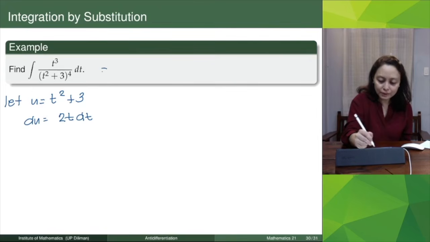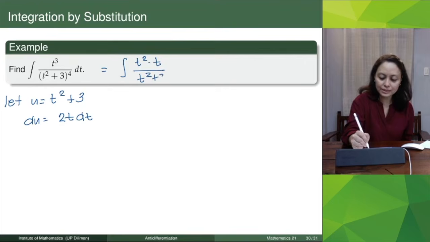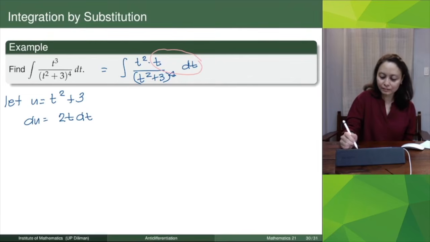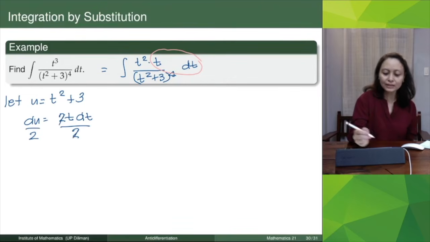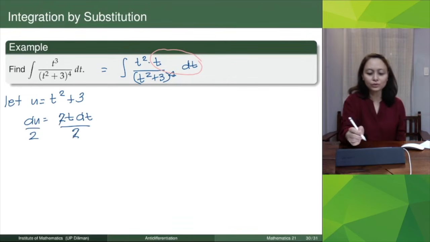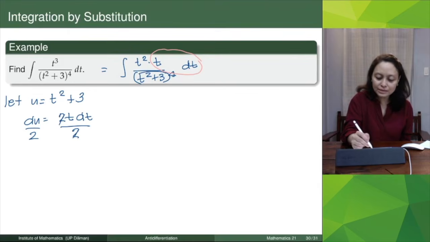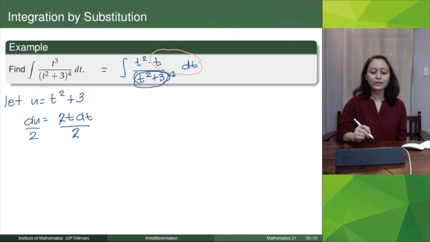Pero eto, di ba, pwede nating isulat na t square times t all over t square plus 3 raised to 4 dt. Okay? So, yung t dt, eto na to. Pero, divide lang natin by 2. Okay? So, t dt is equal to du over 2. Yung t square plus 3, alam natin, u yan. So, ang kulang na lang yung t square.